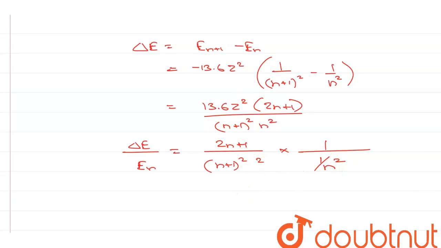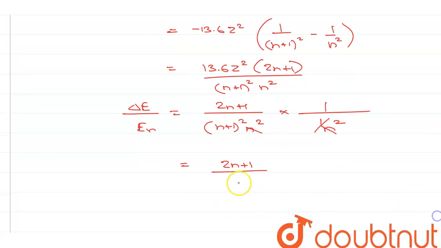Sorry, this should be n squared. So n squared and n squared get cancelled and we are left with (2n plus 1) upon (n plus 1) squared, which can be written as (2n plus 1) upon n squared times (1 plus 1 by n) squared.